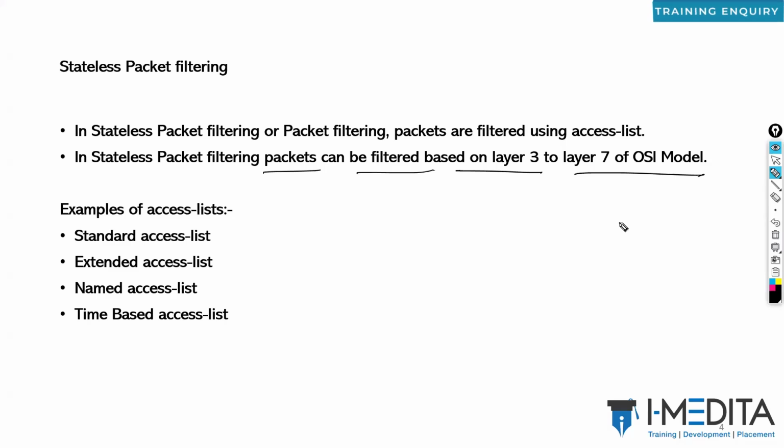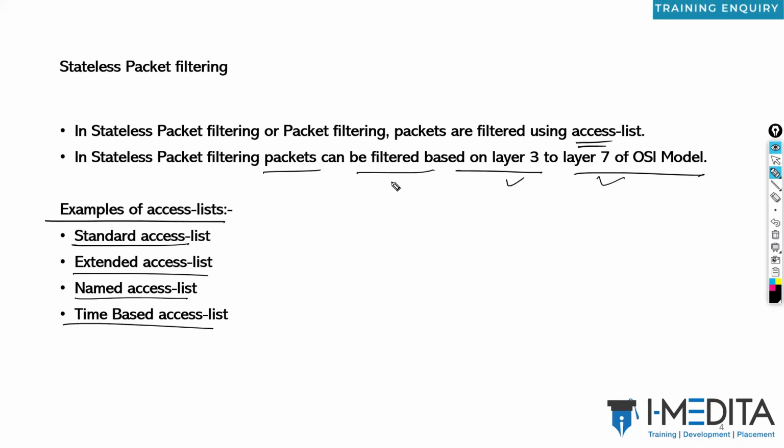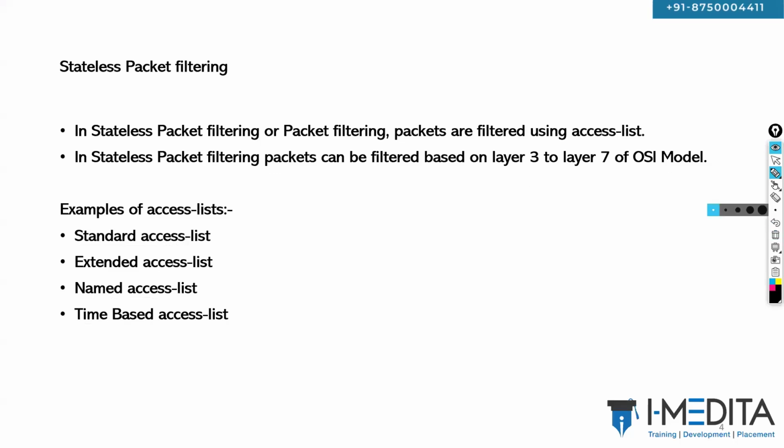You have the knowledge of CCNA and CCNP. In CCNA, we use access lists. With the help of access lists, we can filter the traffic from layer 3 to layer 7. Examples of access lists: you can deploy standard access list, extended, named, and time-based. Using these kinds of access lists, you can filter the traffic from layer 3 to layer 7.